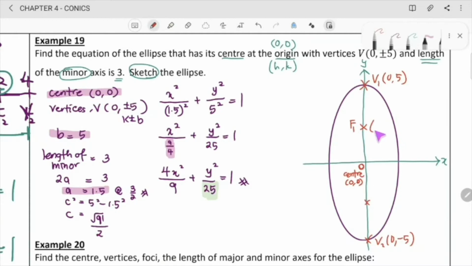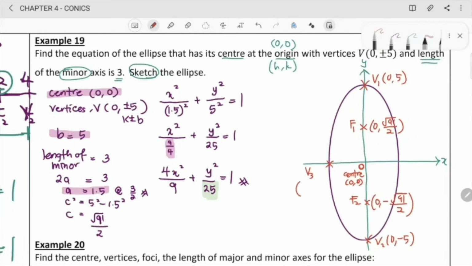So because we have the same x coordinate, the y will be square root of 91 over 2, and we have f2 minus that, which will be negative square root of 91 over 2. And we label the vertex on the minor axis.